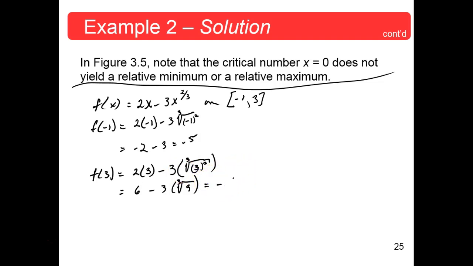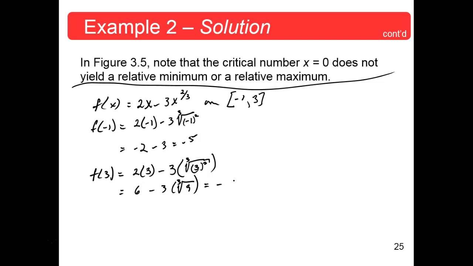Minus 3 times the cube. Oh, yeah, right. Okay, was I figuring badly? No, I multiplied the 3 with it.